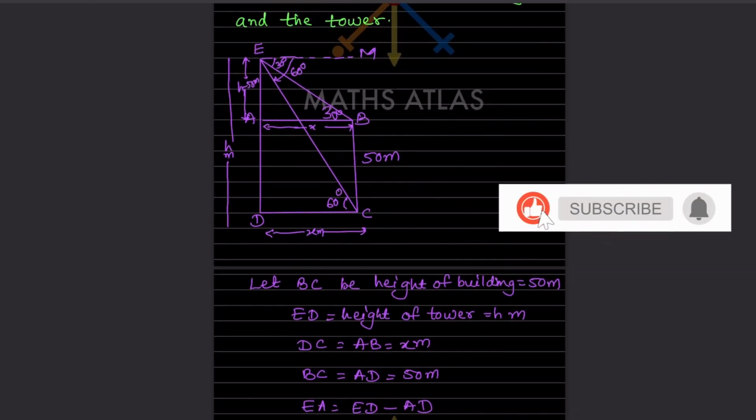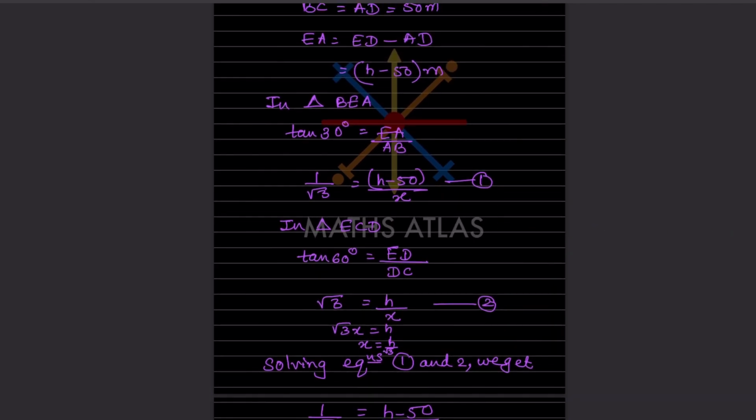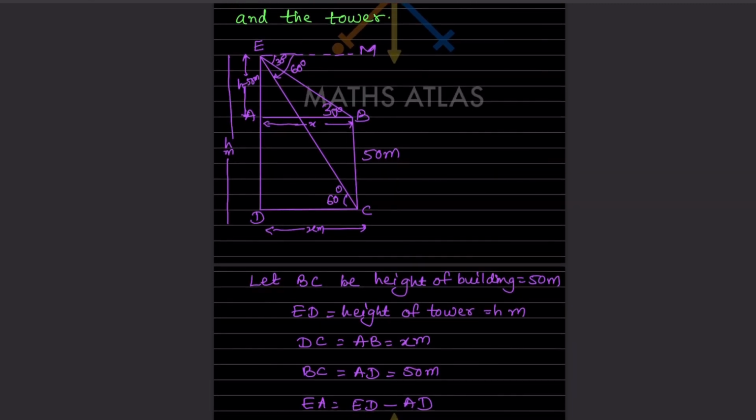Okay, so now that is done. Now we will see ECD. So E, C, and this one. This is 60, meaning this also should be 60 degrees.